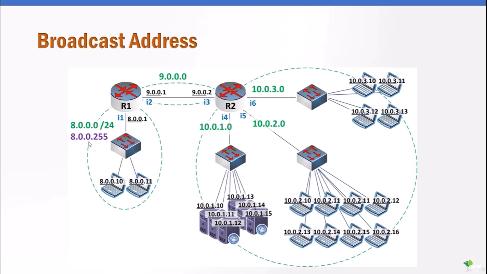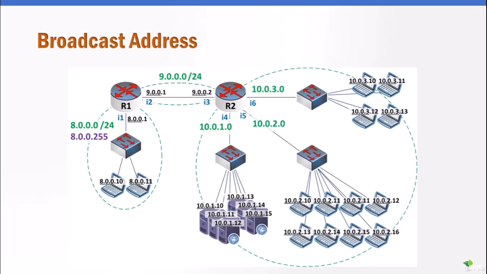So 8.0.0 is our network portion, and this last octet is our host portion. If it's filled with ones, it's going to be the broadcast address, and if it's filled with zeros, it's going to be the network ID or the network IP address. Now let's look at the other networks.